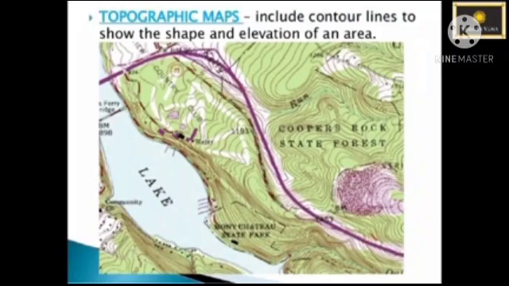A topographical map or topo sheet is a map which represents physical features, cultural features, including scale of a particular area.